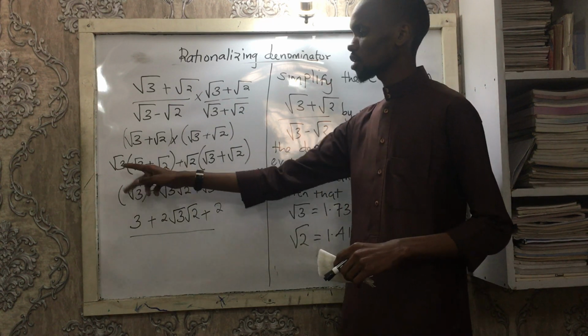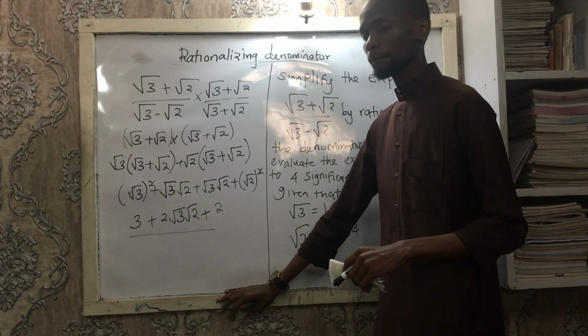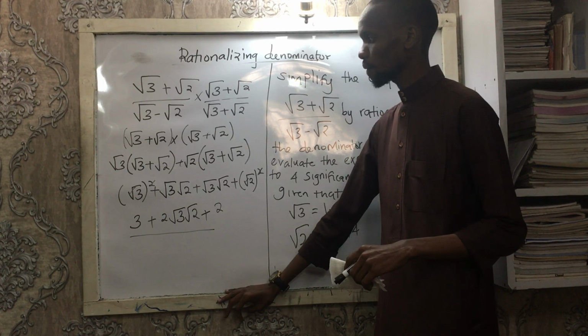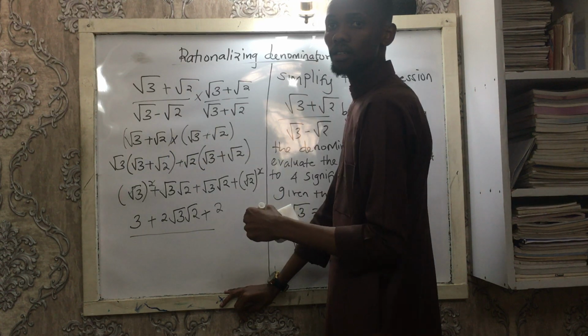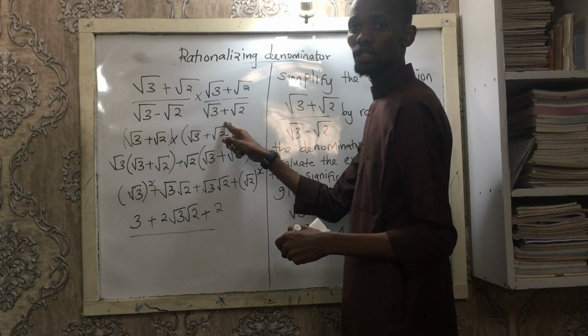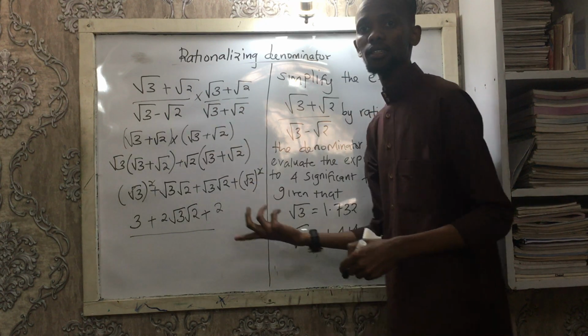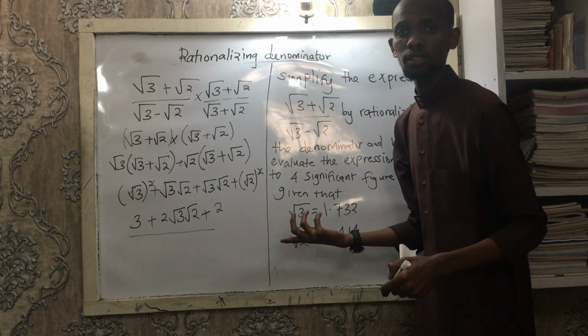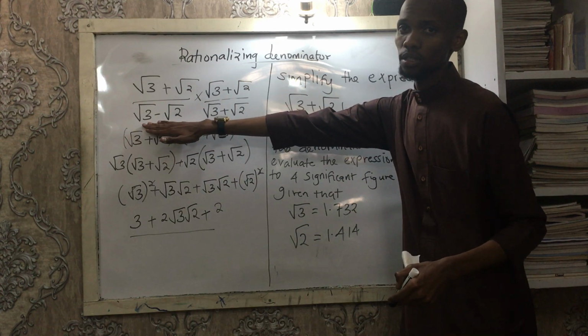So the root of 3 multiplied by the root of 2? Isn't it negative? Which one? This one? Yeah, it's a negative. So I have to change the sign. Conjugate means take the denominator and change the sign, so it changes to a plus.